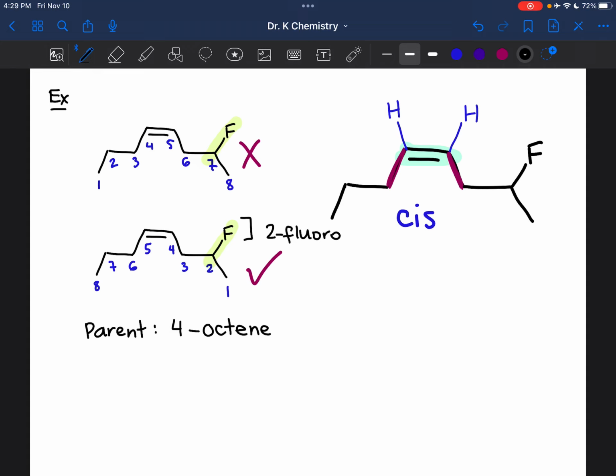And then I'll put all of that together. Note that the cis terminology is listed first, then the substituent, and finally the parent name. And that becomes cis 2-fluoro 4-octene.